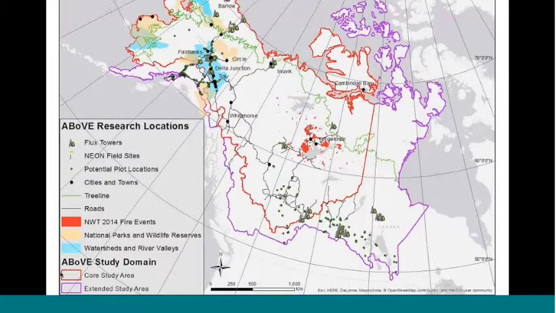The field measurements and the remote sensing will inform models that will be operated not just in this domain, but across the whole pan-Arctic, pan-boreal domain. So that's important to keep in mind. It's a very big study area, but there's a whole lot more of the boreal and Arctic region spanning Russia, Siberia, and so on.